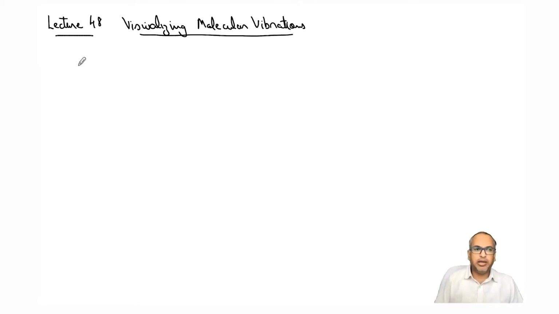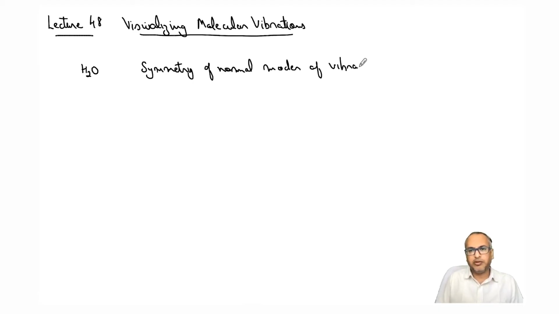For example, in case of water molecule, in the last lecture, we have seen the symmetry of normal modes of vibration. We saw that there are three vibration modes present, and the symmetry we could find out was A1 and A1 and B1.